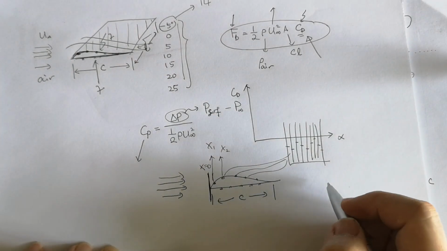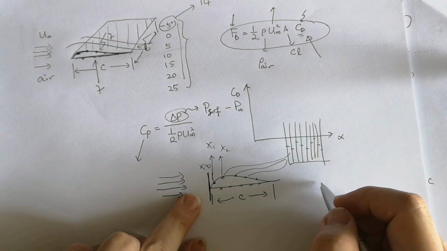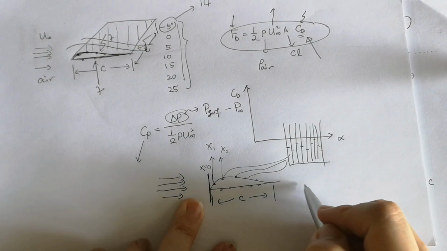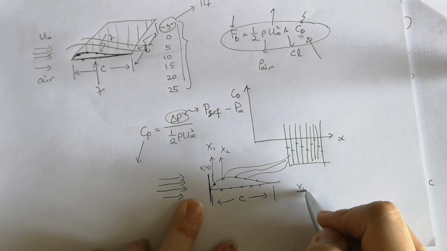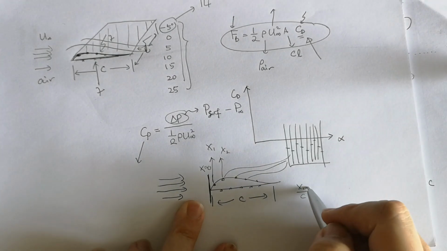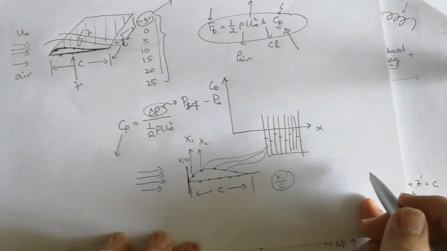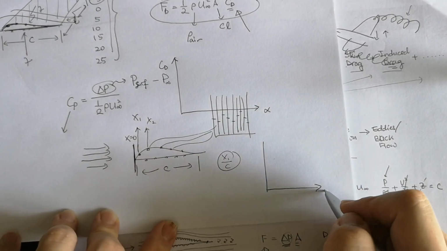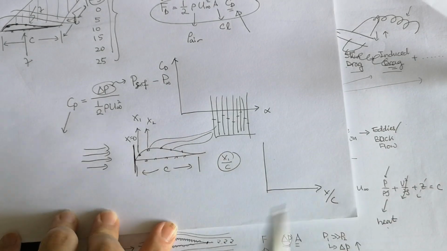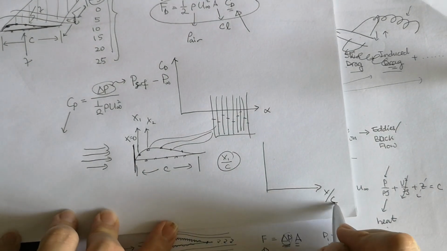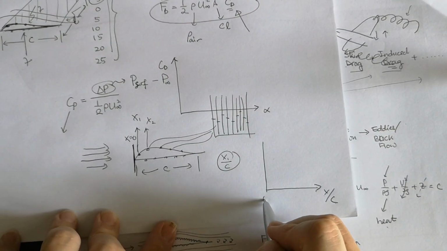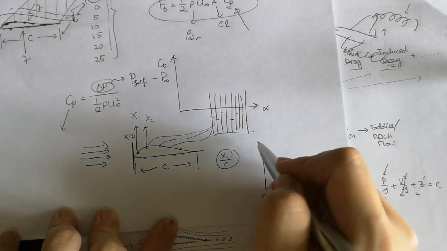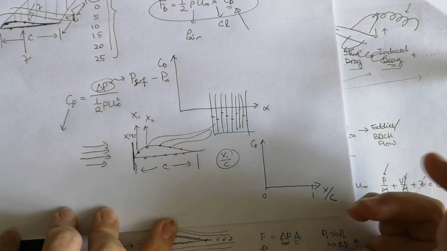Later on, the coordinates of these 14 points will be provided to you, and you need to take x1 over c as your x coordinate. In other words, when you plot your graph, you have the x over c, the coordinate over the chord length. The minimum value is always 0, the maximum value is always 1, while your y-axis will be your CP.